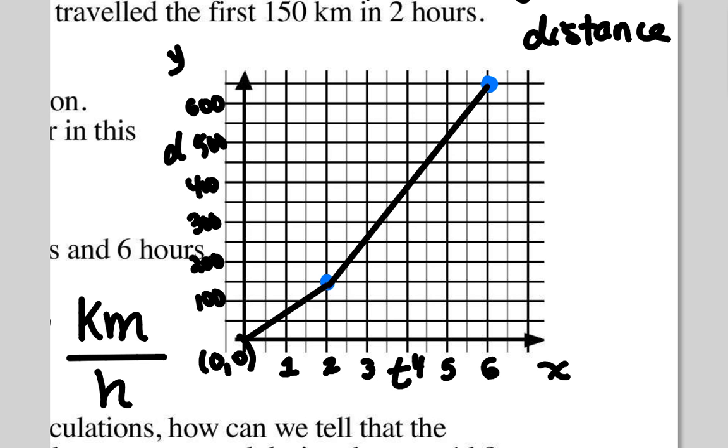So which one is steeper? Yeah, this one's steeper. So just by measuring steepness, this one's steeper, and therefore the rate of change is greater, and in this case, it's faster.